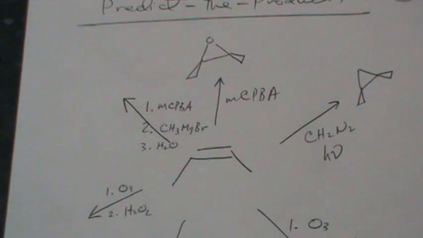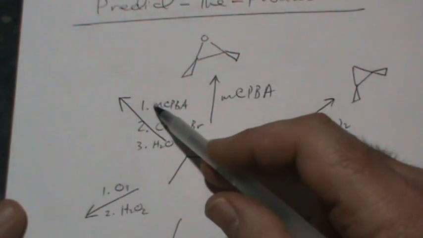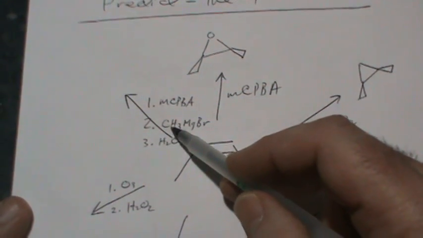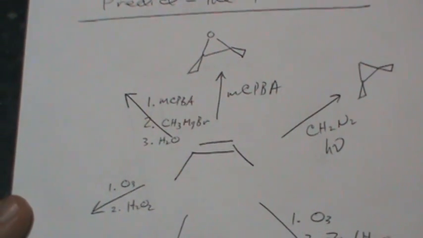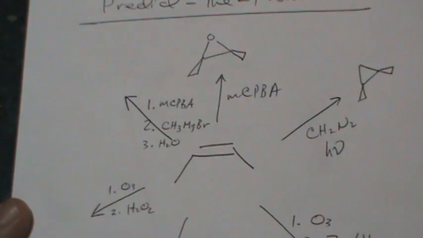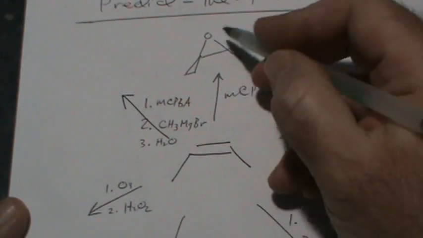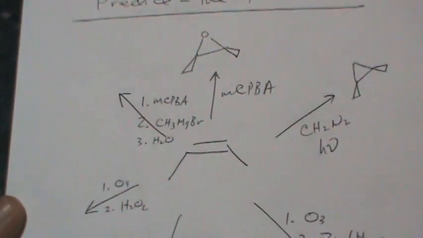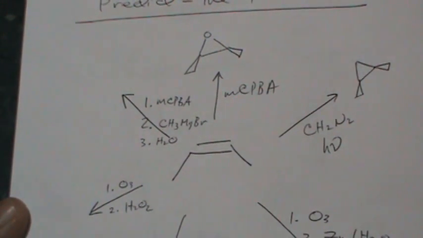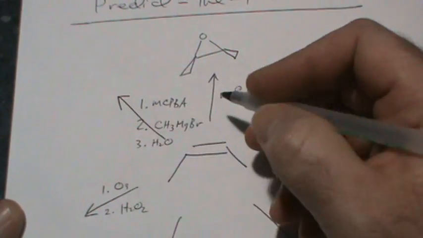What will happen here? First step MCPBA, second step, this is methyl magnesium bromide. It's a Grignard reagent, so I'm going to pop that epoxide open with my methyl magnesium bromide.